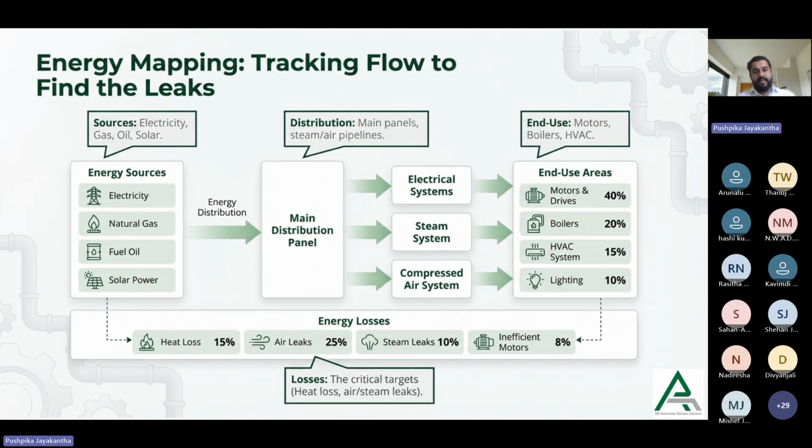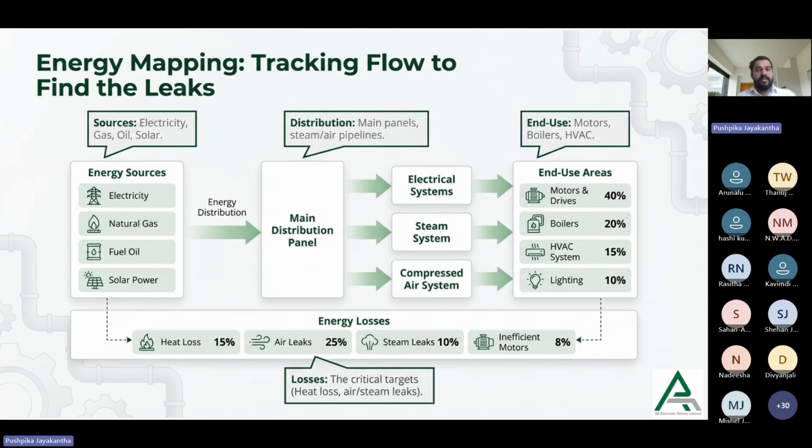When doing this assessment, energy mapping is another most important part. Energy mapping provides a visual representation of energy flows within your facility. Energy enters the facility from various sources, and energy sources have different efficiency characteristics and environmental impact. Understanding energy sources is very important for evaluating improvement opportunities.